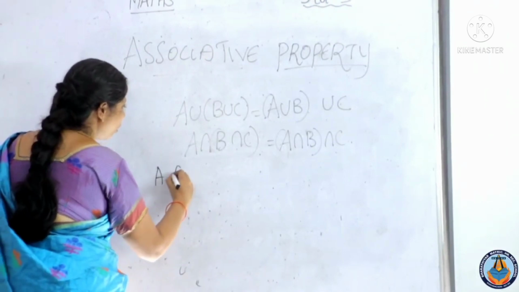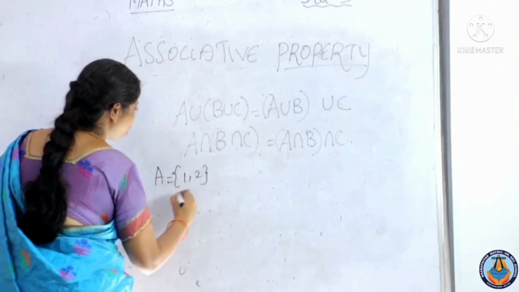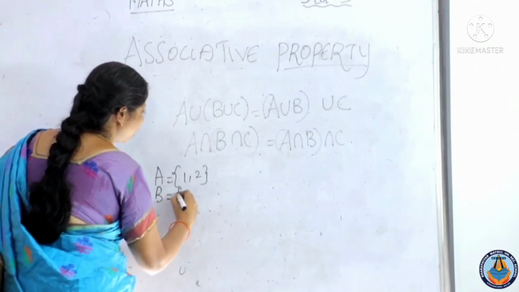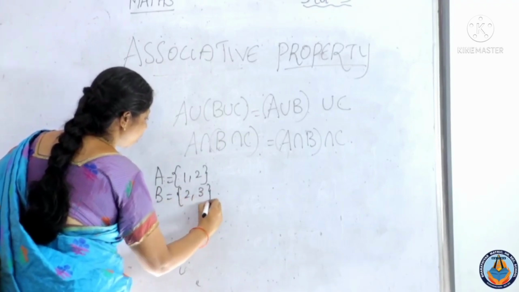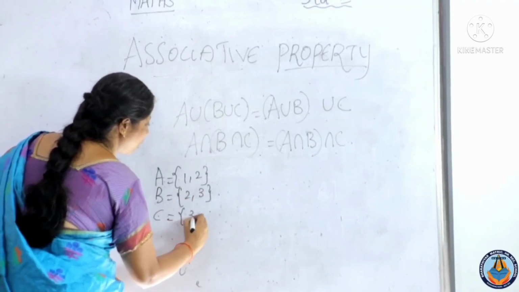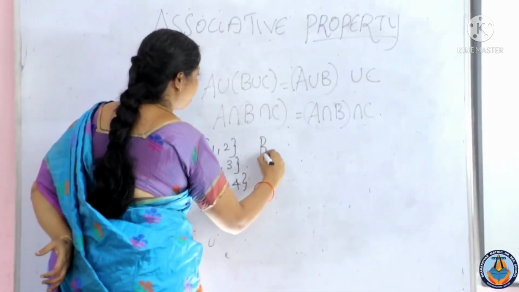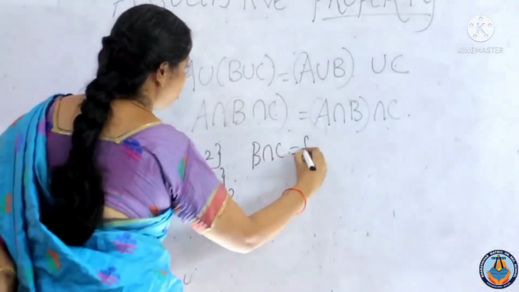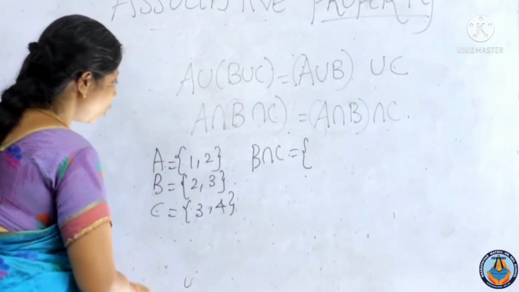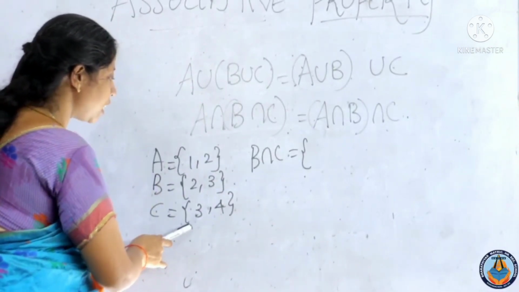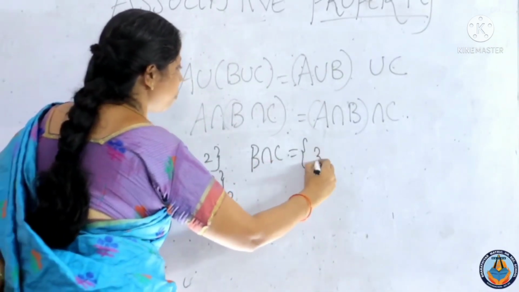A is equal to 1, 2, B is equal to 2, 3, C is equal to 3, 4. B intersection C is equal to, what are the common elements? 3 is the common element.